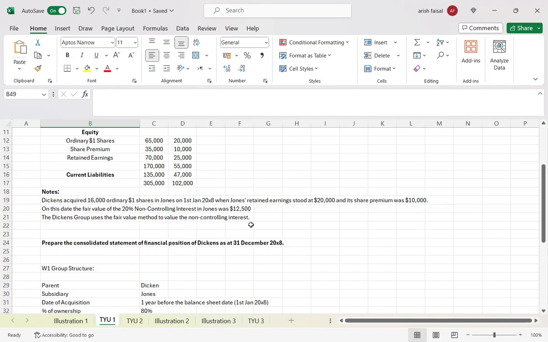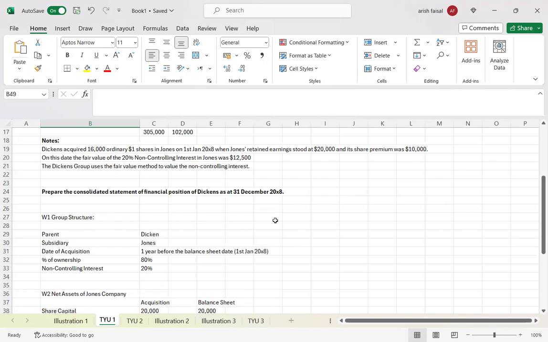So it's already given in the question that we will be using the full value method and not the proportionate one. And they have also given you the fair value of the 20% NCI in Jones on this date, which was 12,500.